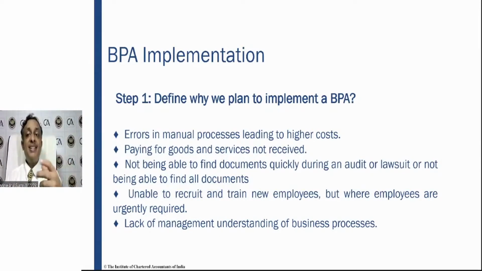And if availability is restricted, then you create automation so that the gap of non-availability of employees can be set right by automation. That is the idea. Many times management feels that their understanding of the business process is not very good. So let us have automation for the process, so that when it becomes a system-driven process, not many questions will have to be asked. It will automatically survive on its own.